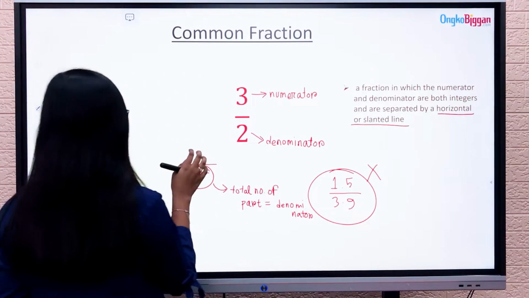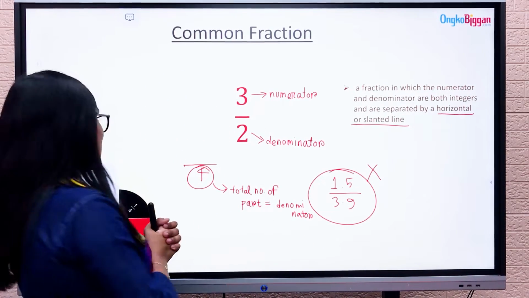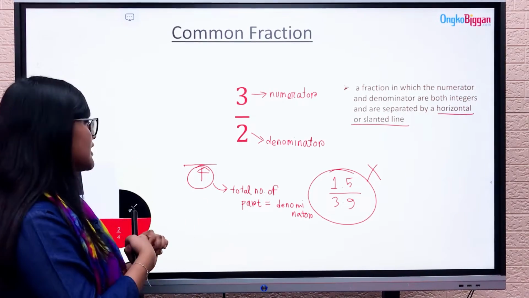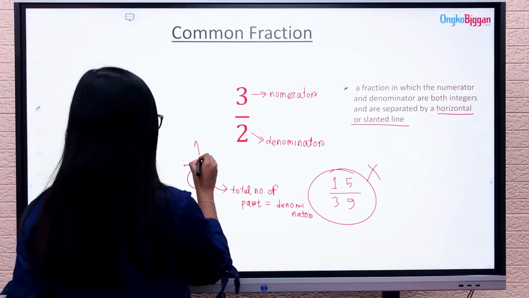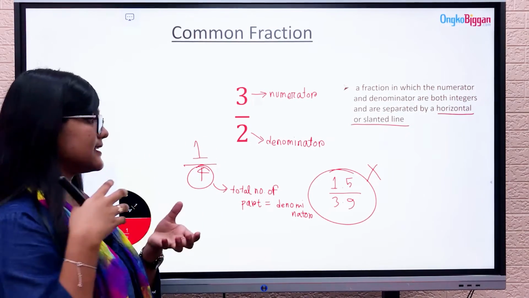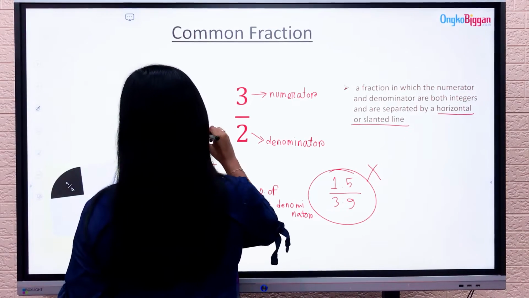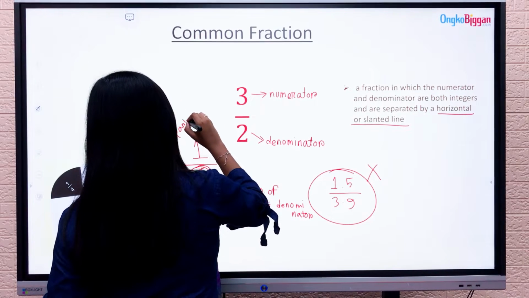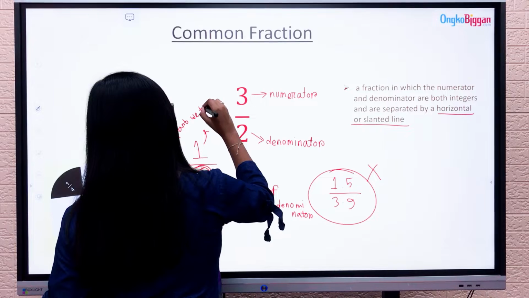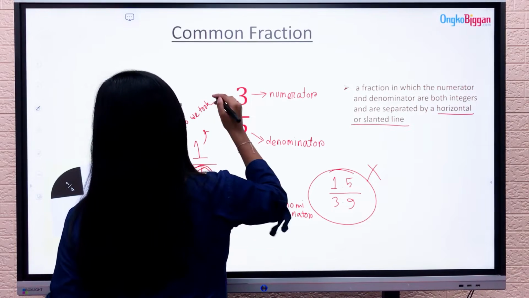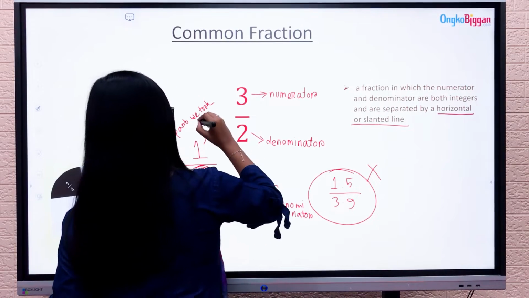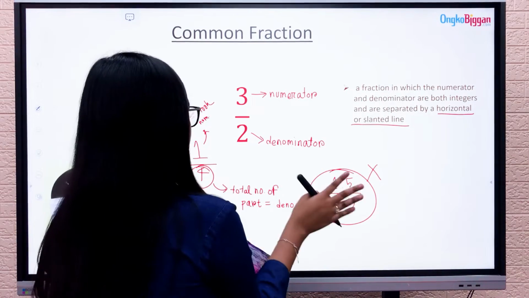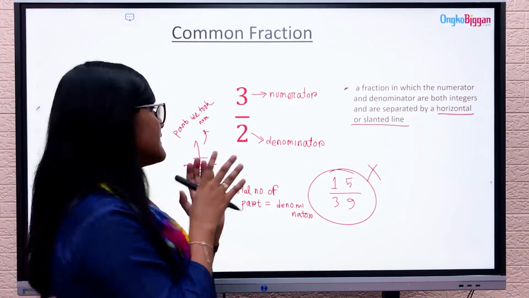And the number of parts that we are taking, like here we have taken 1 by 4th part, is termed as numerator, the part we took. So these are the numerator and denominator of a common fraction.